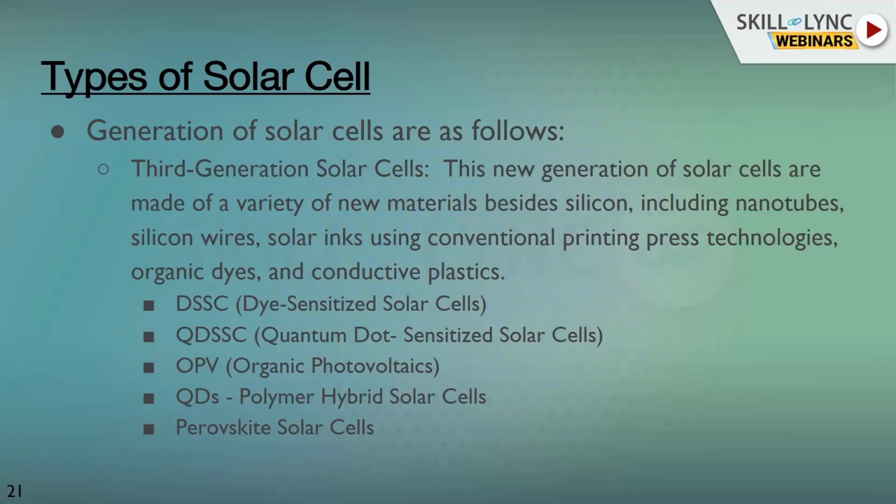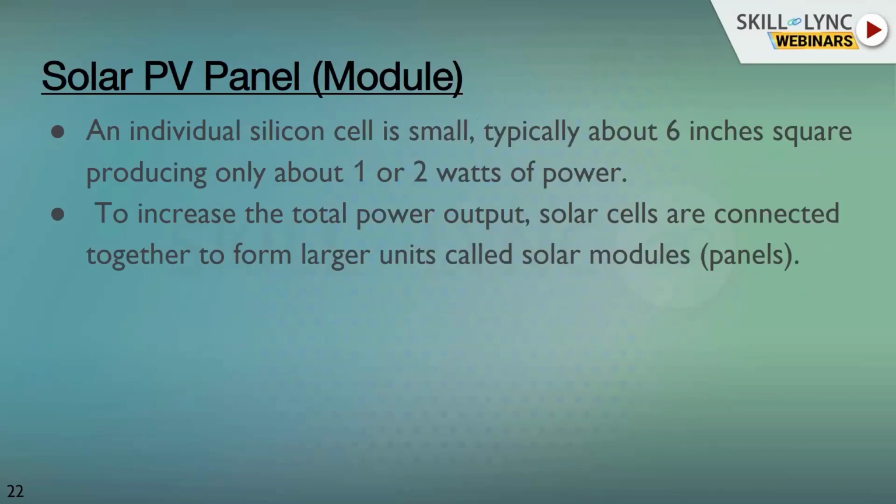There are five types of these, and they are also not fully developed, still experimental: DSSC dye-sensitized solar cells, quantum dot sensitized solar cells, organic photovoltaic and polymer hybrid solar cells, and perovskite solar cells. So these are the generations of solar cells, and we will go to the first generation solar cells.